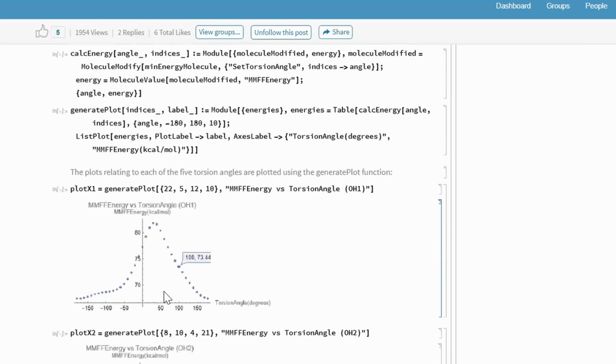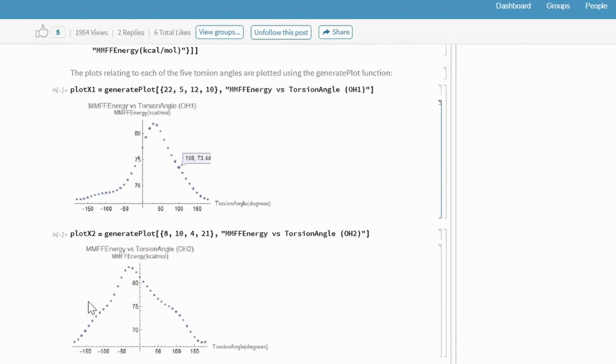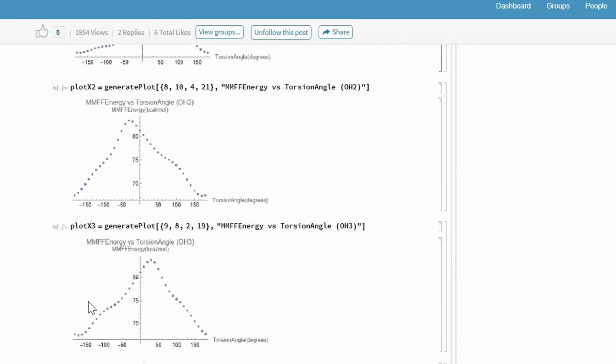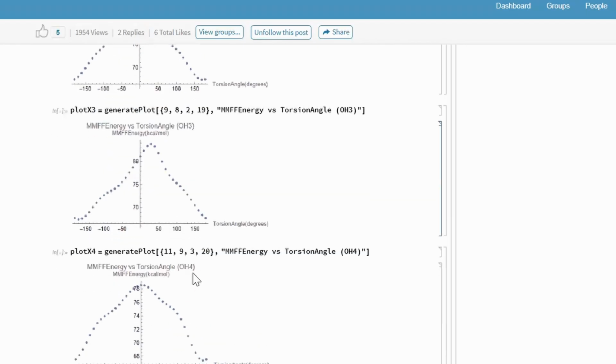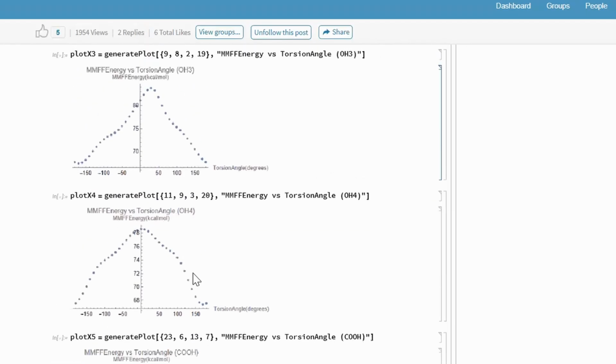So we take the minimum energy point of this particular conformer, and we take that to be the lowest energy variant of that hydroxyl group, if that makes sense. And we do this for all the four hydroxyl groups that are present.